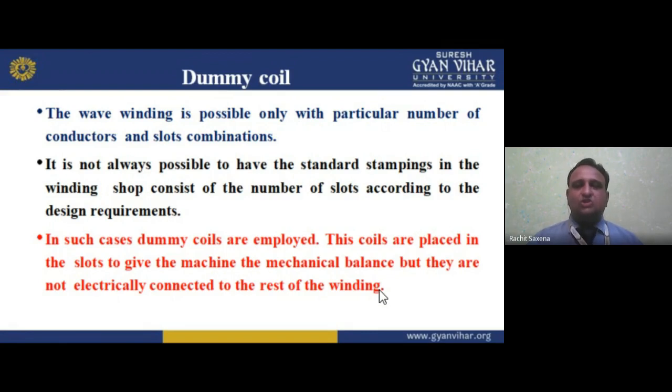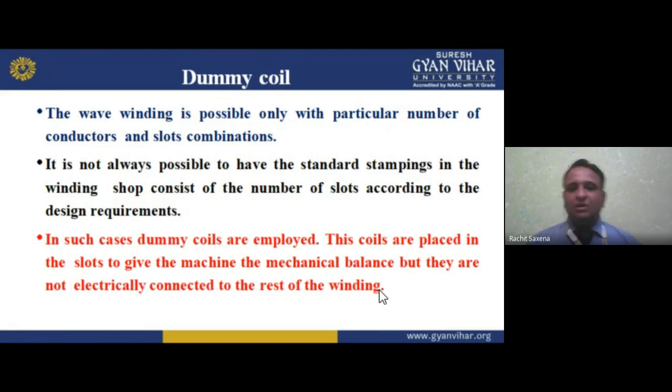To fill these slots I need other coils, which are known as dummy coils. This is possible in a V5. In such cases dummy coils are employed. These coils are placed in the slot to give the machine mechanical balance.